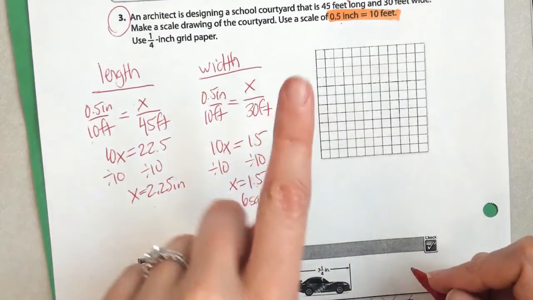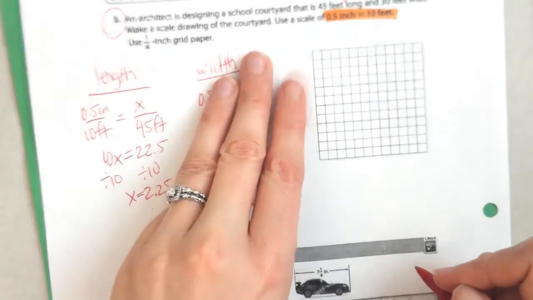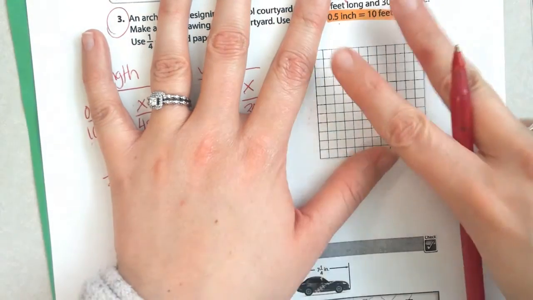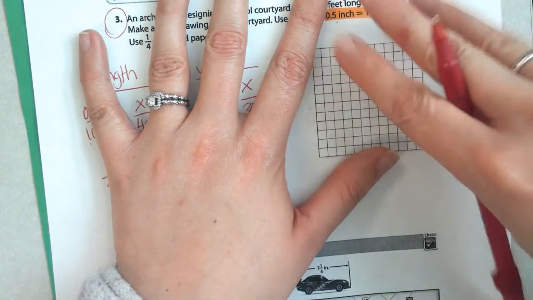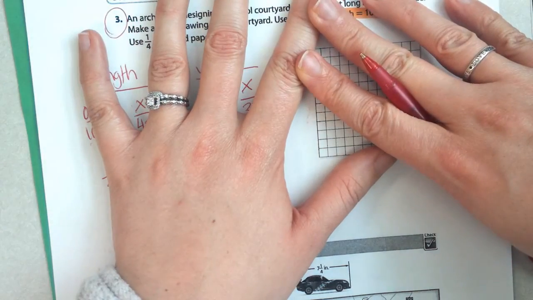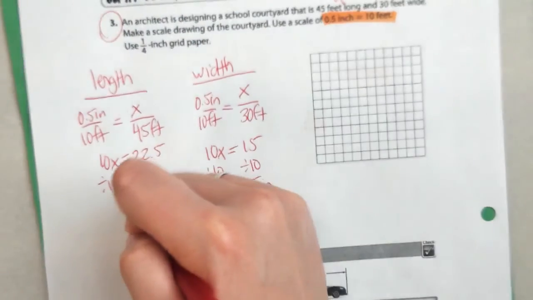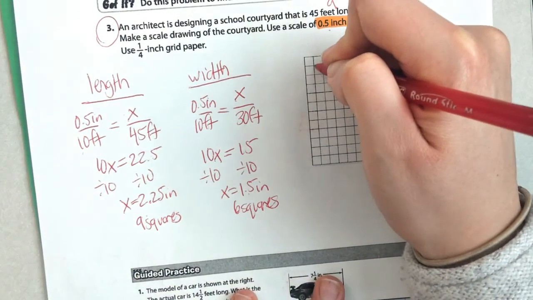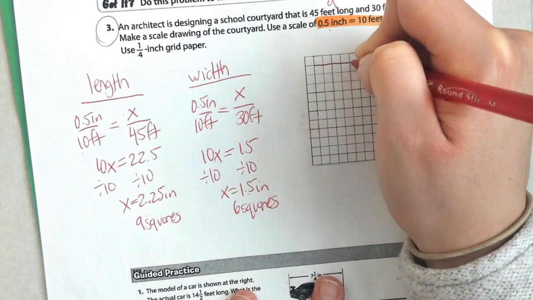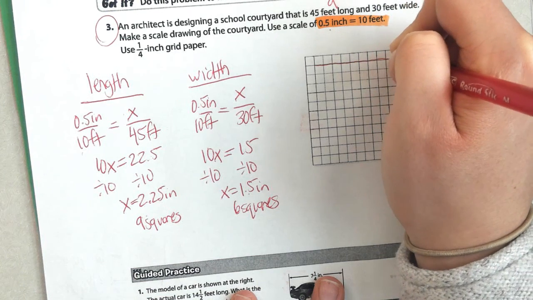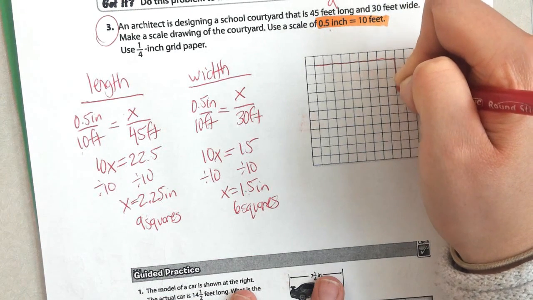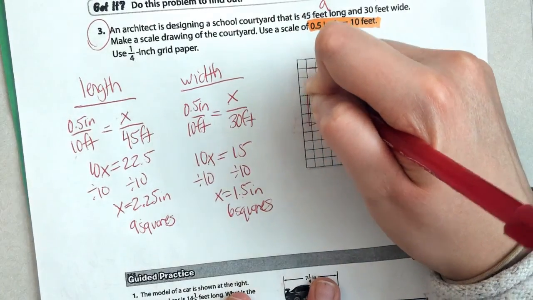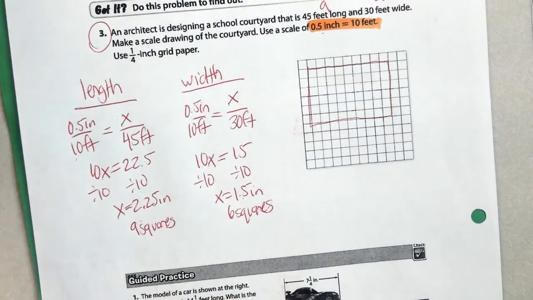On this one, 1.75, 2, and then 2.25. That's 9. So we'd go 9 squares across, 1, 2, 3, 4, 5, 6, 7, 8, 9, and 6 down, 1, 2, 3, 4, 5, 6. You just finish off that rectangle then. Let me know if you have any questions.